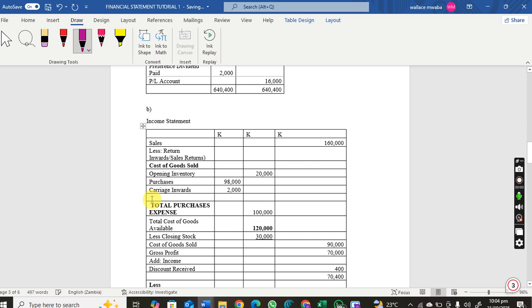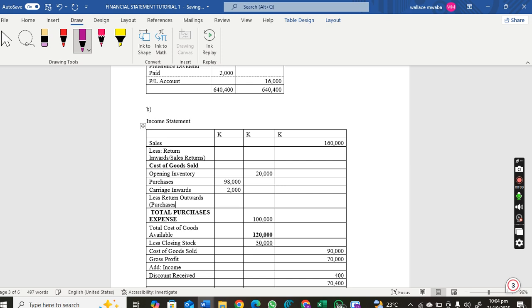So if you see return outwards or purchases returns, this is when you return goods back to your supplier. When you return goods, the purchases expense reduces, because you have taken some goods back, so you don't have to pay the full price that was charged to you earlier on.